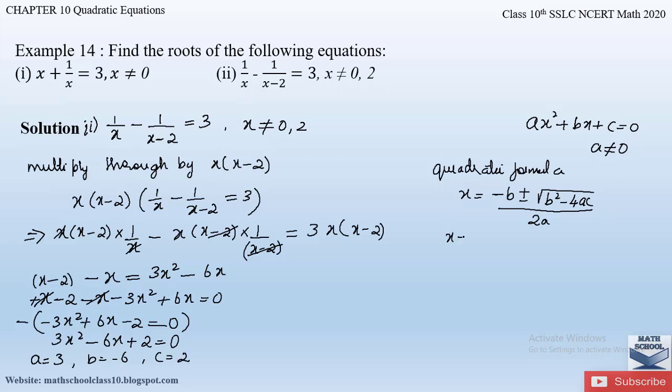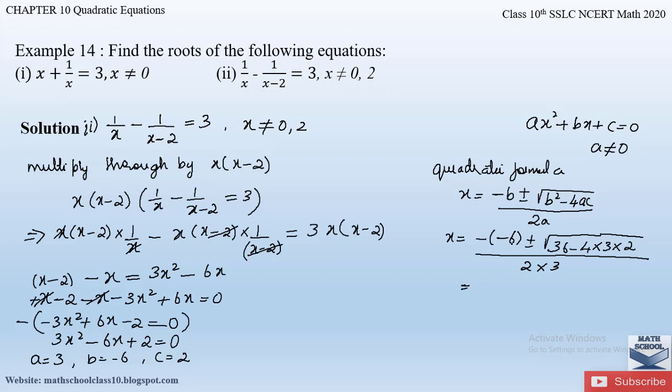So let us substitute the a, b and c value and find out here. So x is equal to minus b value is again minus 6 here, plus or minus square root of b square is minus 6 square, that is minus into minus will be plus, 6 into 6 will be 36, minus 4 into a is 3, into c is 2, divided by 2 into a value is again 3.